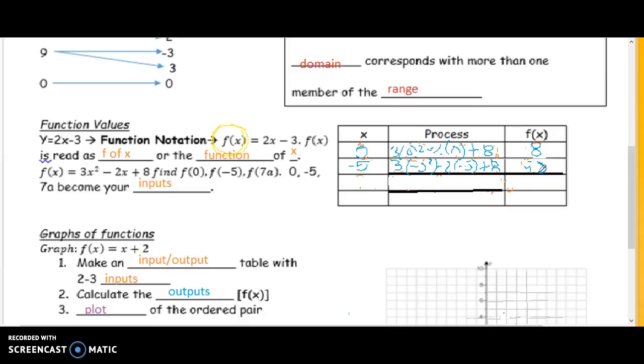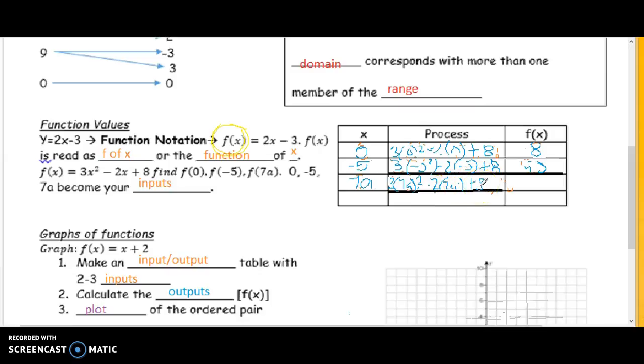And then the last input is 7a. So this one gets a little trickier, but we still do the same thing. We're still going to do 3 times 7a squared, minus 2 times 7a plus 8.